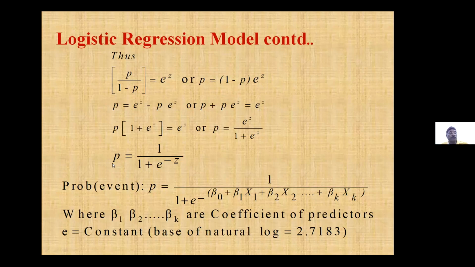So the probability of occurrence of the event is equal to this, where z is the right-hand side function, and beta 1, beta 2, beta k are the coefficients of predictors. e is the constant, the natural base. So for any value of beta 1, beta 2, this is the probability.